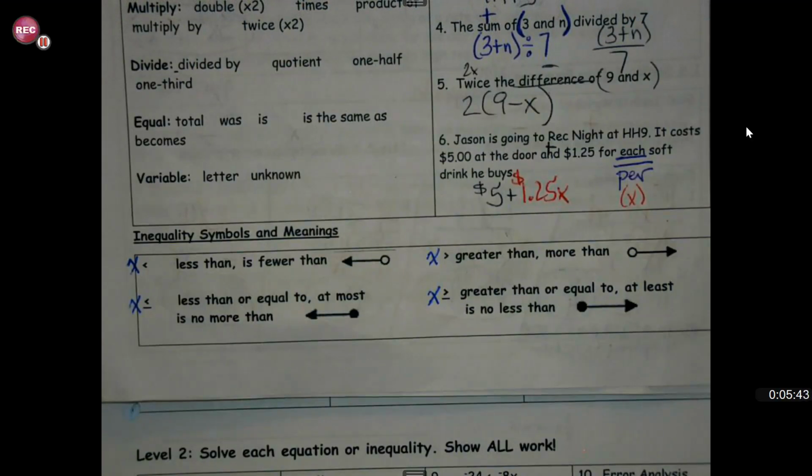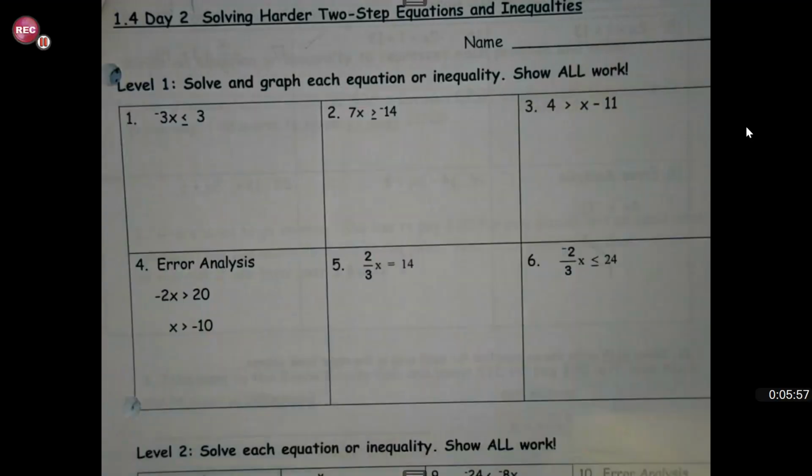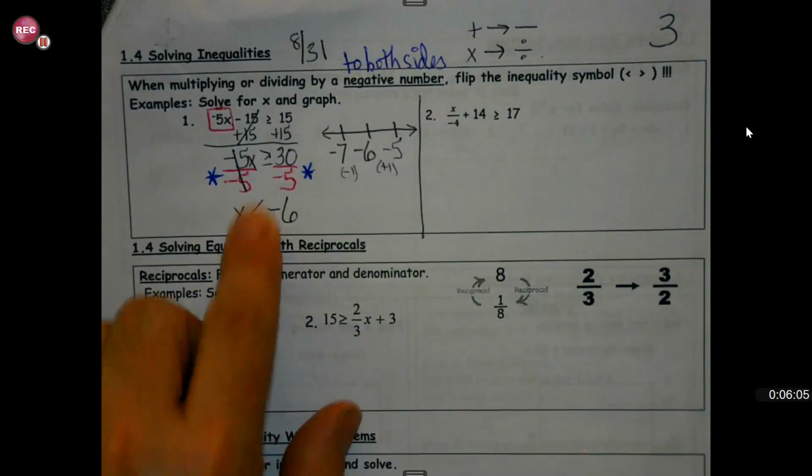It's basically, if there's no line under your arrow, it's an open circle. And if there is a line under, meaning or equal to, we keep it closed. So, with that in mind, let's get back to our regularly scheduled programming here on page 3. And say, okay, so, first thing I notice is it's an or equal to.